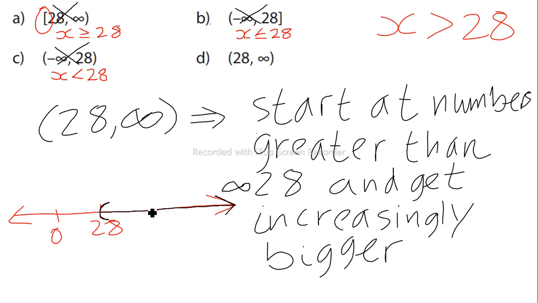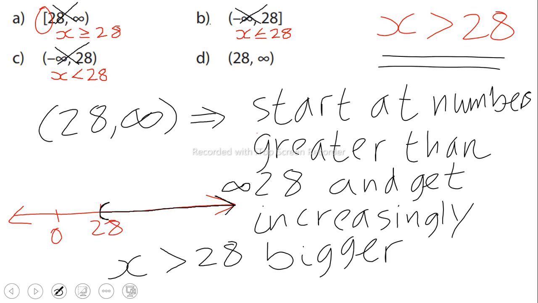And so if we look at any number inside this interval, or inside this set, any number inside the set would be bigger than 28. So 29, 30, 31, 32, 45, all those numbers are going to be bigger than 28. So it's going to be x is strictly bigger than 28. That's going to be the associated inequality, and we can see that directly matches what we want.